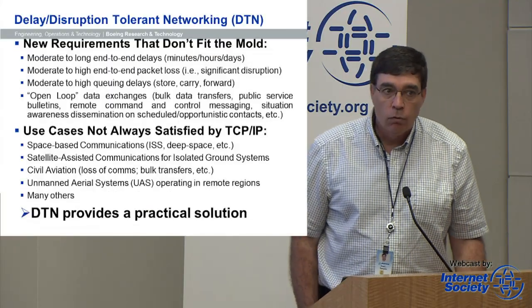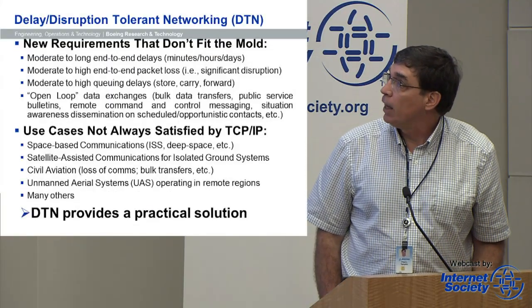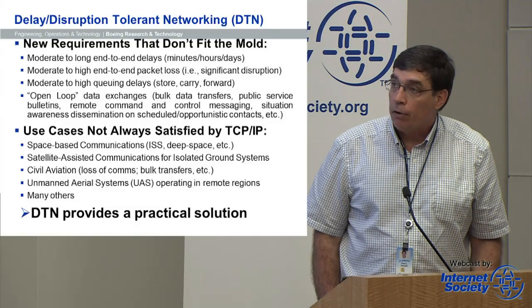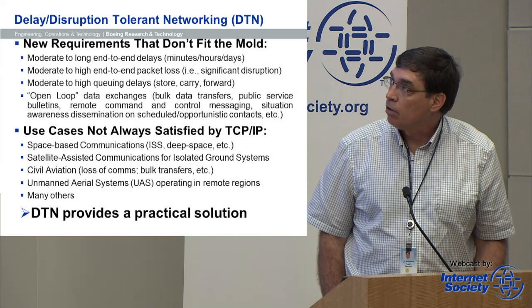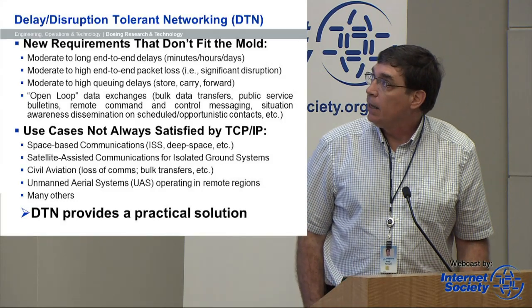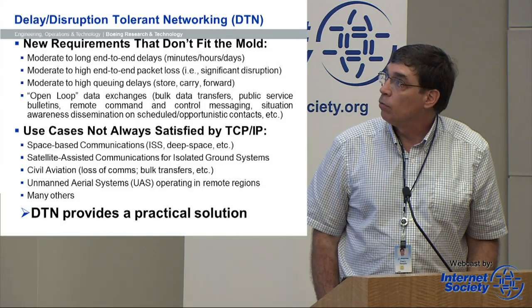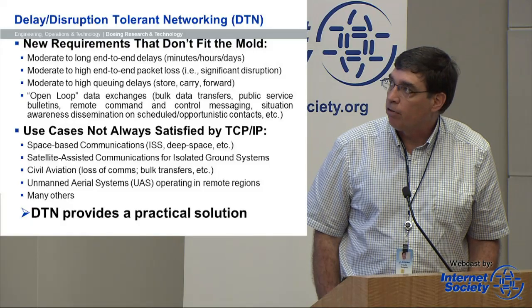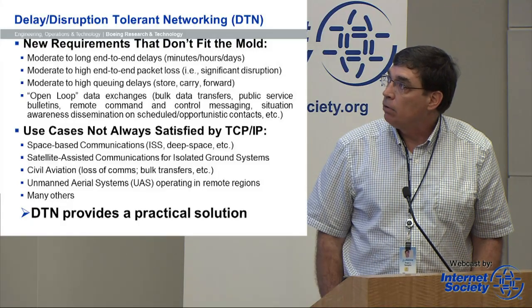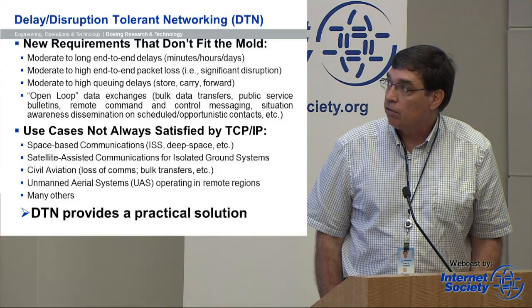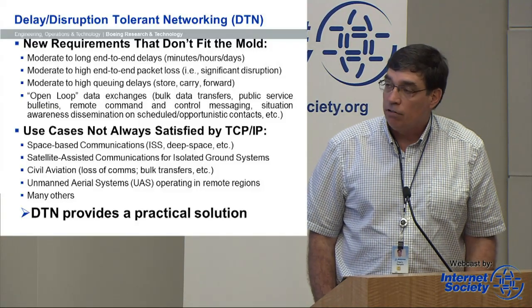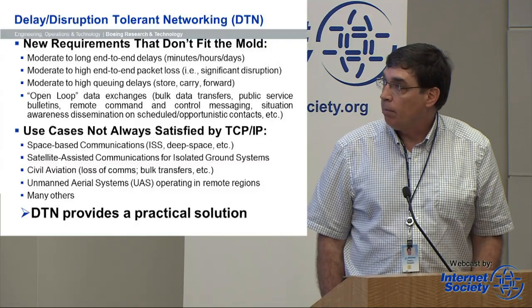But we now have new requirements emerging that don't fit that same mold, where we have moderate to long end-to-end delays, many minutes, hours, or days. Moderate to high end-to-end packet loss due to significant disruption. Moderate to high queuing delays, open loop data exchanges instead of conversational data exchanges. So these use cases are not always satisfied well by TCP/IP.